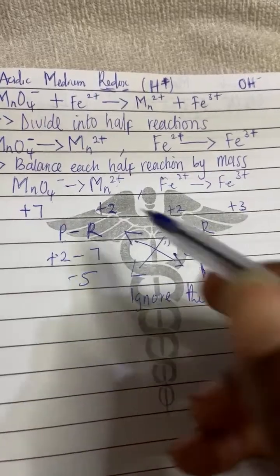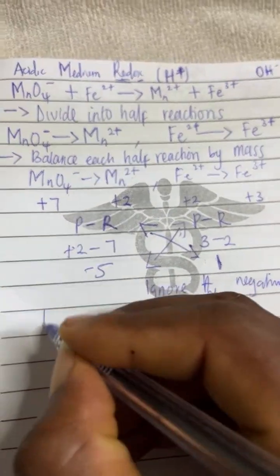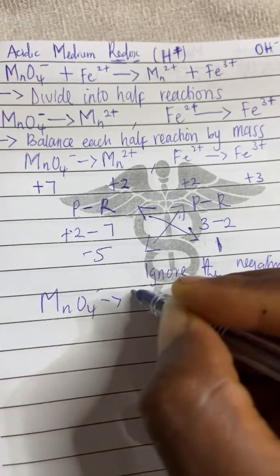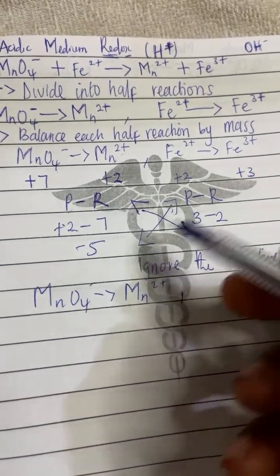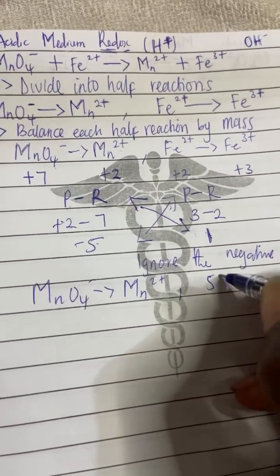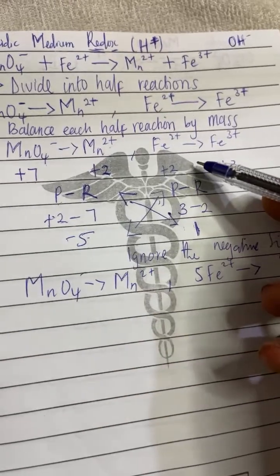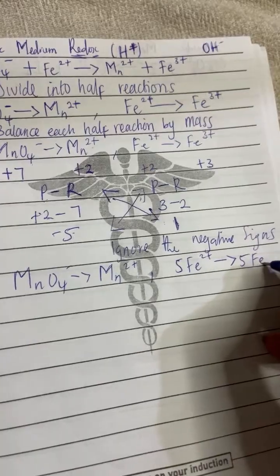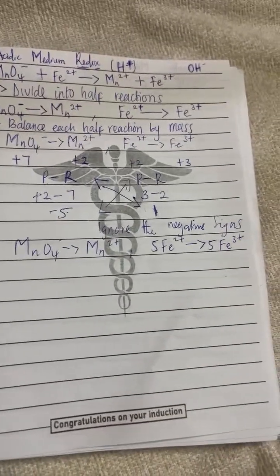So 1 will multiply this one and 1 will multiply this one. It will still be the same: you still have your MnO4 minus to give us Mn2+, right? While at this other side, 5 will multiply Fe2+. You have 5 Fe2+ to give us 5 Fe3+, right? Are you following me?